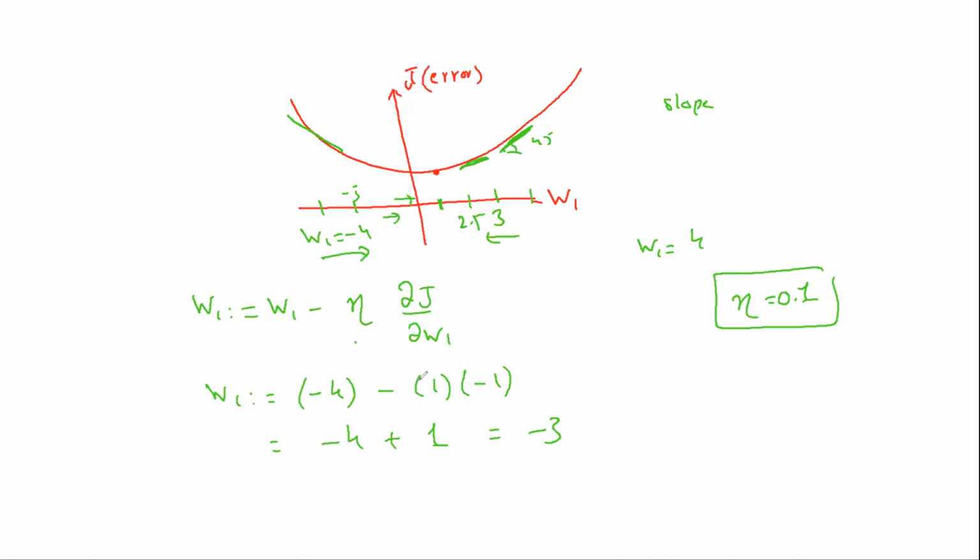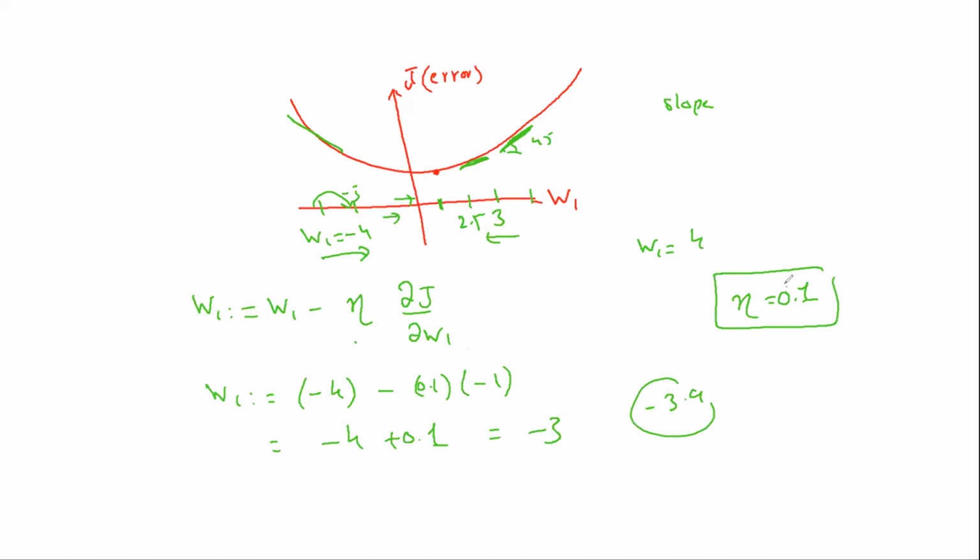So if this value was 0.1, instead of -3, it will become -4 plus 0.1, so maybe -3.9. So rather than going from -4 to -3, now you will be going from -4 to -3.9. It means you are taking a very small step. You are moving towards your target, but the step you are taking is very small.